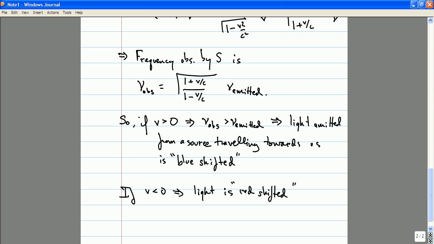Yes? Is it the same if you're moving toward an object that is moving? Absolutely. Excellent question. Does that mean that if a traveler goes at a speed near the speed of light, all the photons that are received will be blue shifted? Absolutely. If I move at a constant velocity towards a source, then by the principle of relativity, that is the same as the source moving with constant velocity towards me.